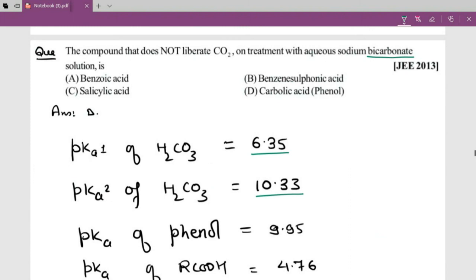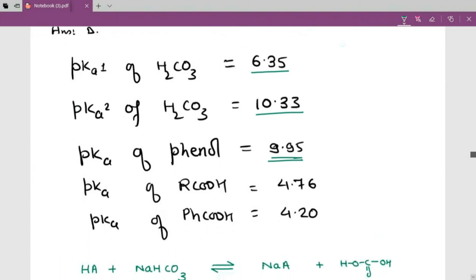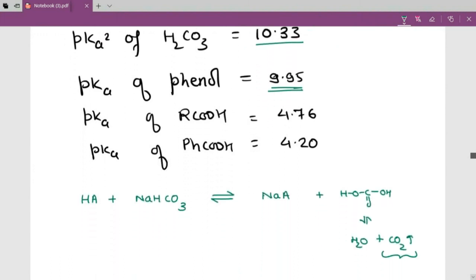Benzoic acid, I have already told you, has 4.2, so this will make the reaction go forward. Not the answer. Benzene sulfonic acid is an even stronger acid. No. Salicylic acid is COOH. Carbolic acid is phenol, so its pKa is 9.95, higher than this. So it will not make the reaction go forward, and thus the reaction will not take place, or CO2 will not be liberated.